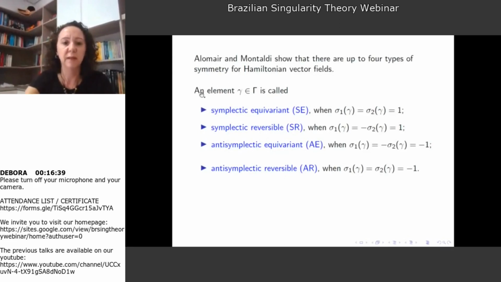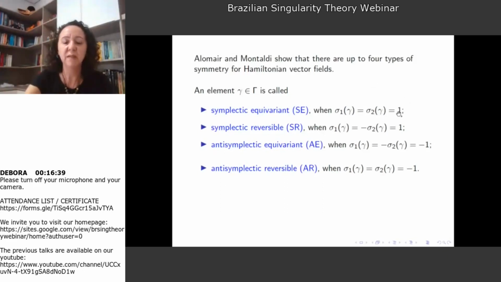An element gamma of the Lie group is called symplectic equivariant if, with respect to the bilinear form, sigma 1 is 1, and it is a symmetry with respect to the vector field, sigma 2 of gamma equal to 1.